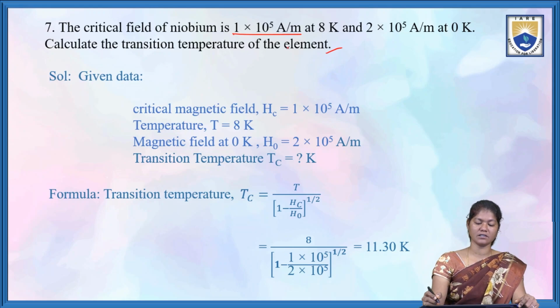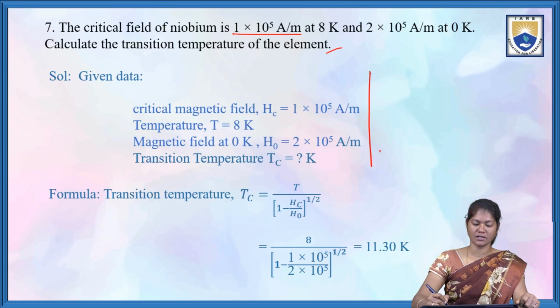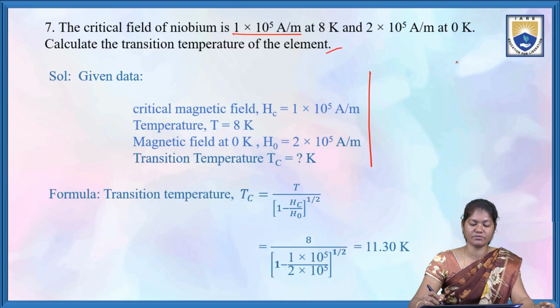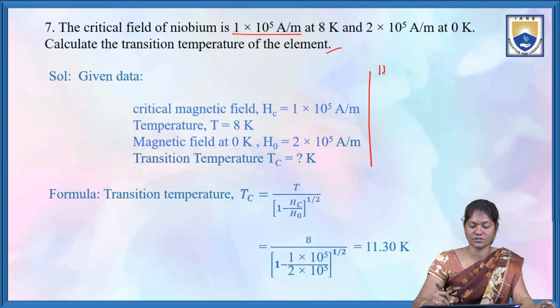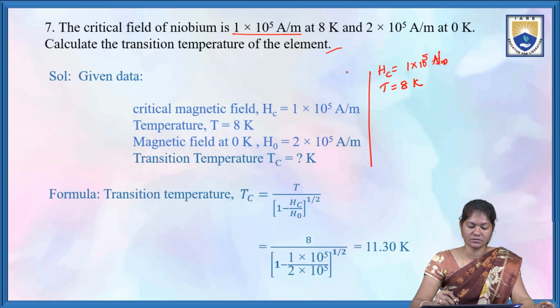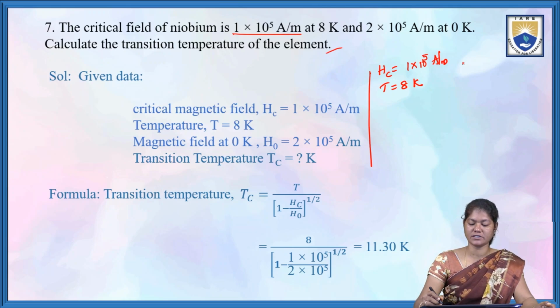So the critical magnetic field has been given. So that is equals to Hc. Hc is equals to 1 into 10 power 5 ampere per meter, which is at the temperature T is equals to 8 degree Kelvin. Then 2 into 10 power 5 ampere per meter at 0 degree Kelvin.